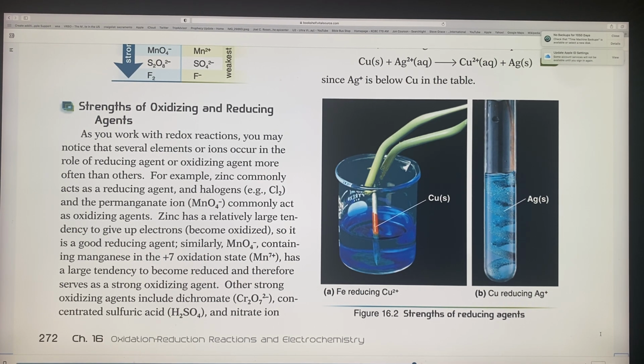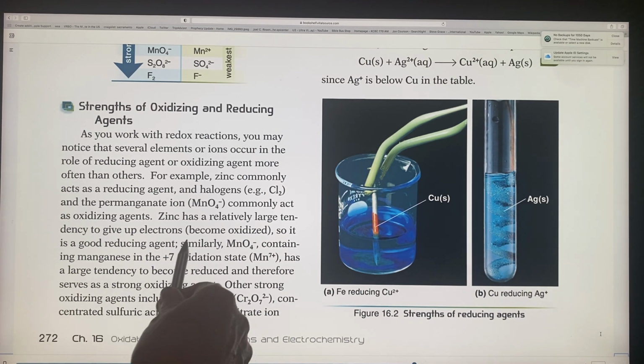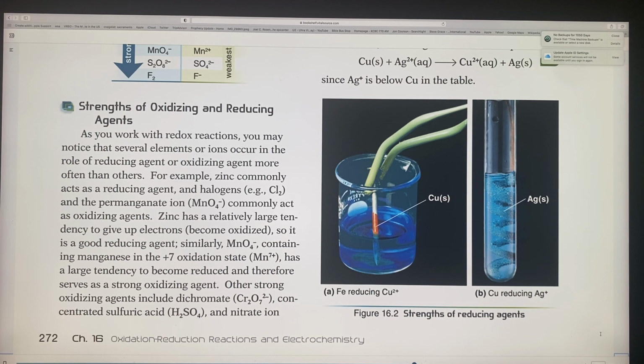And then of course the permanganate right here, MnO4, is also +7 in the oxidation state, so it has a large tendency to become reduced. And it's a strong oxidation agent. There are others such as chromium, dichromate, and sulfuric acid, nitric acid.